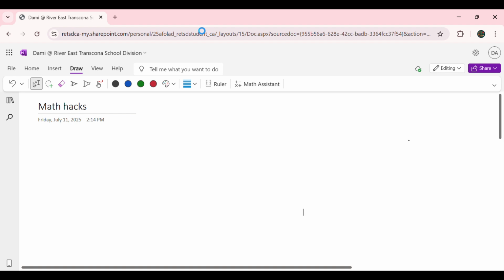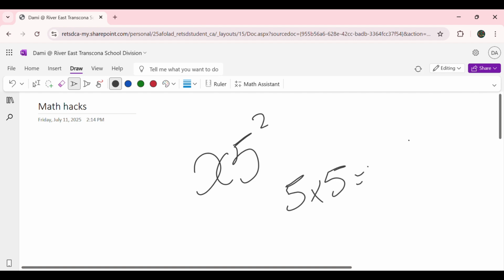Hack number 1. Squaring numbers that end in 5. So any number that ends with 5, how do you square them? This is actually very easy. All you have to remember is 5 times 5 is 25. So you're going to completely ignore the last digit.